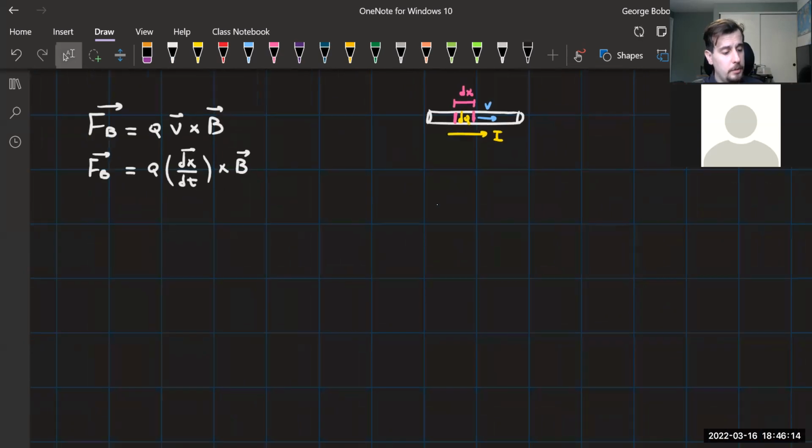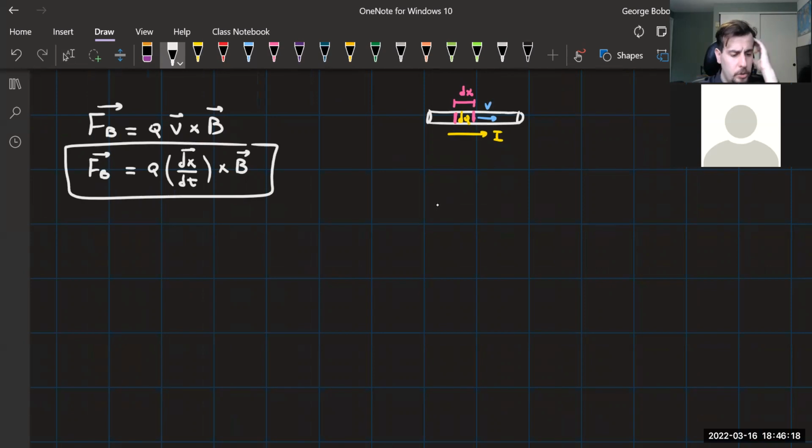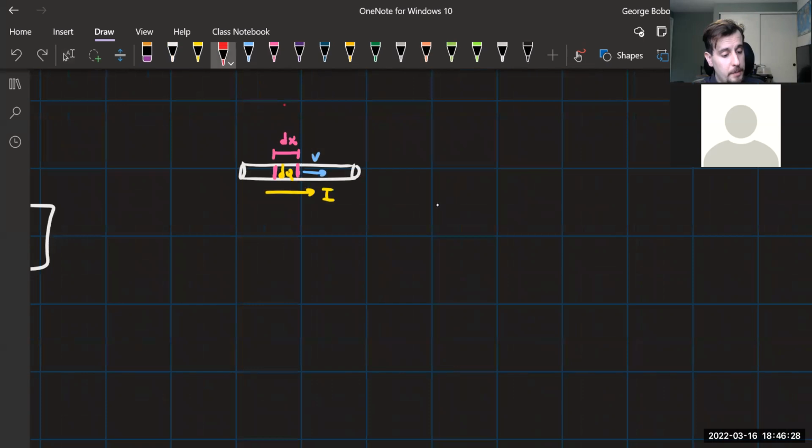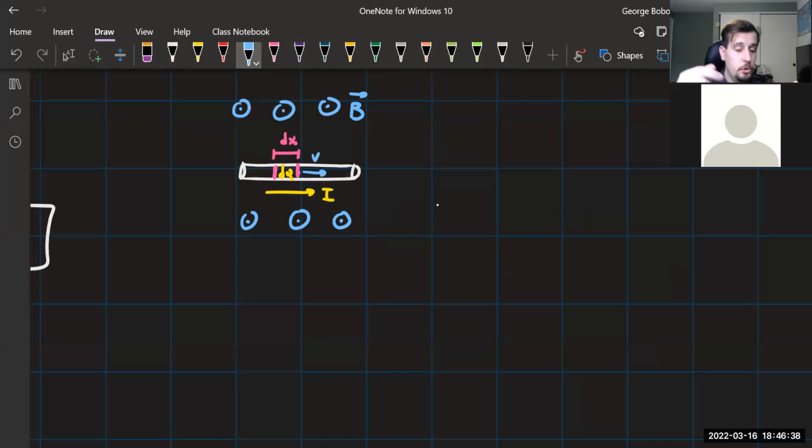You go and look at your, again, Lorentz force equation and you go, hold on a second. If I want to find the force right now that this is going to feel due to a magnetic field that is, let's say over here out of the page. Let's put a magnetic field in the region. So there's our B. And we can do the right-hand rule here if you want to follow me.